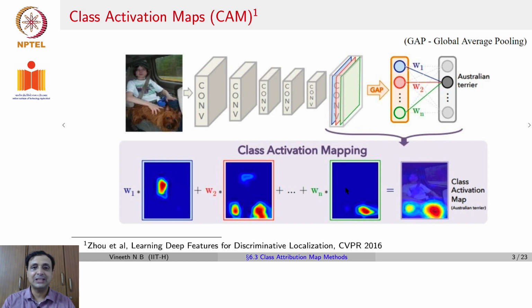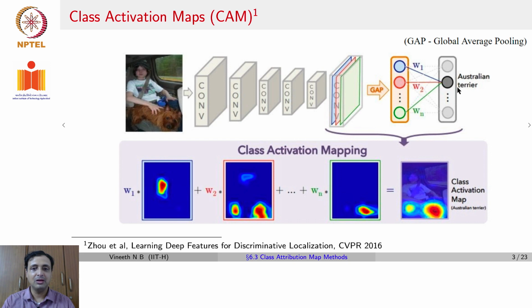Now, the weights that we learned between the output of the GAP layer and the classification layer are now used to weight each of these activation maps, and when you do a weighted sum of all of these activation maps, that gives us the contribution of these activation maps towards one particular class label.